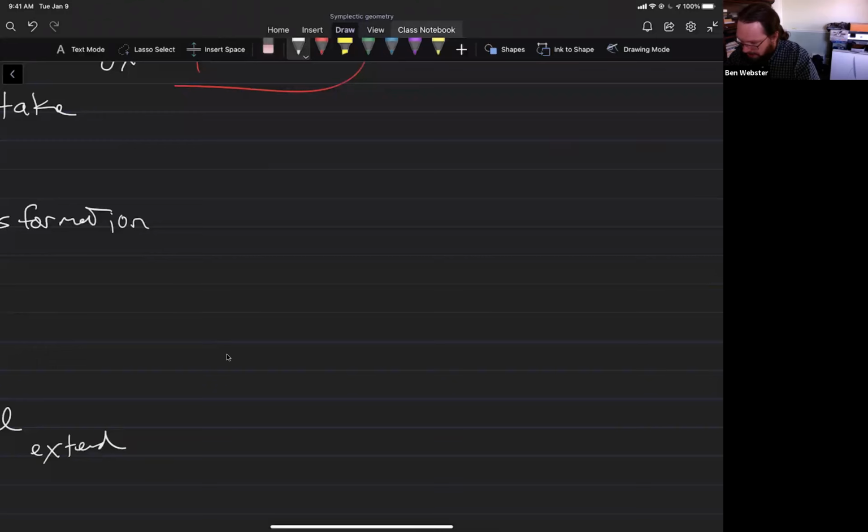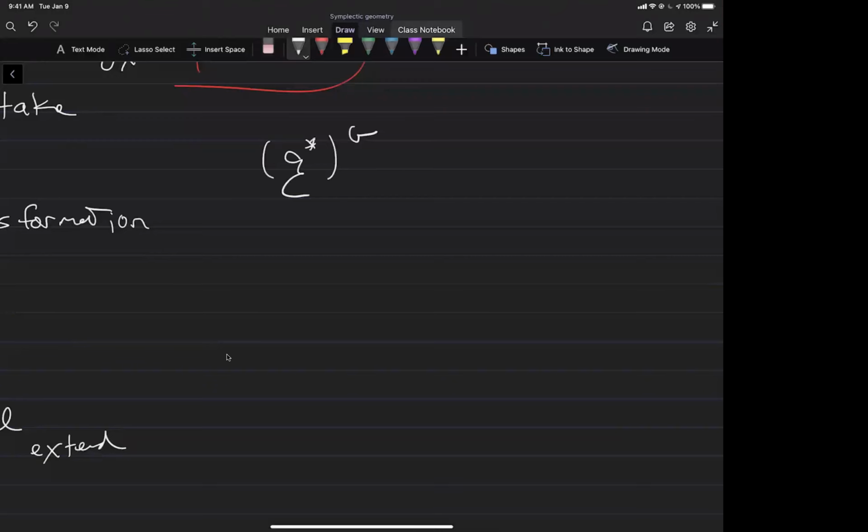So if we talk about the G invariant part of G dual, that's the dual of the Lie algebra of the center of the group, right?